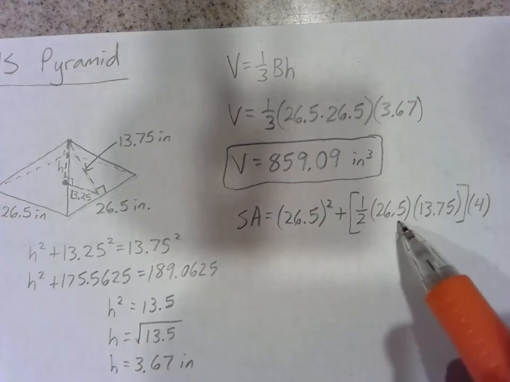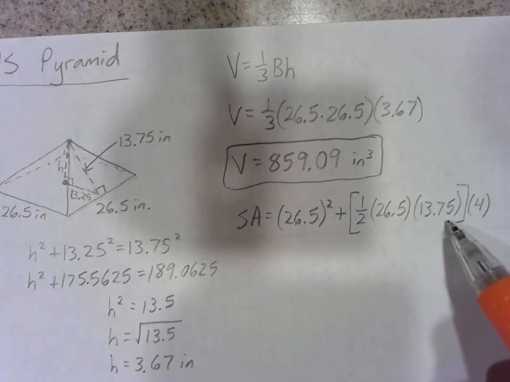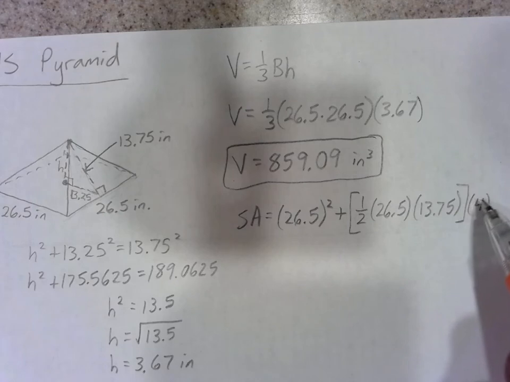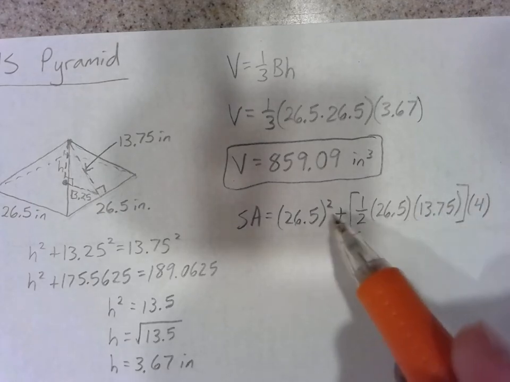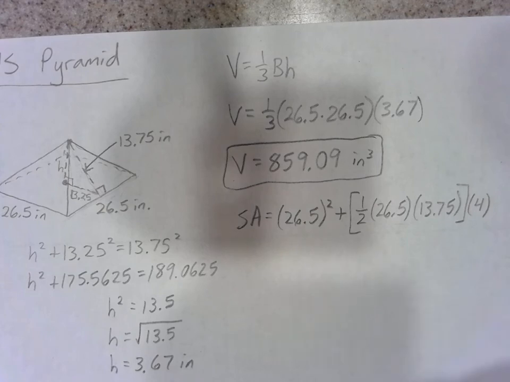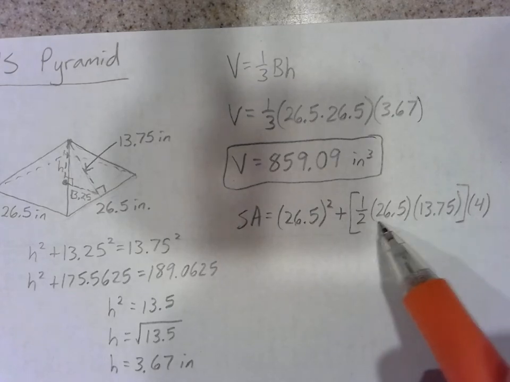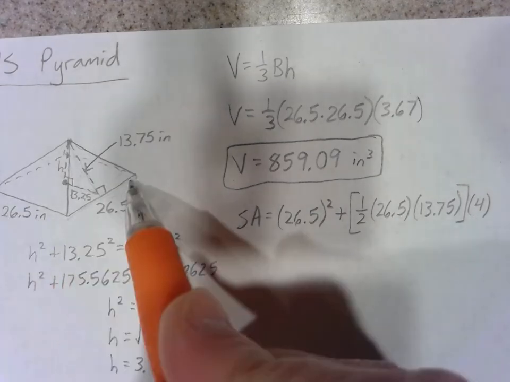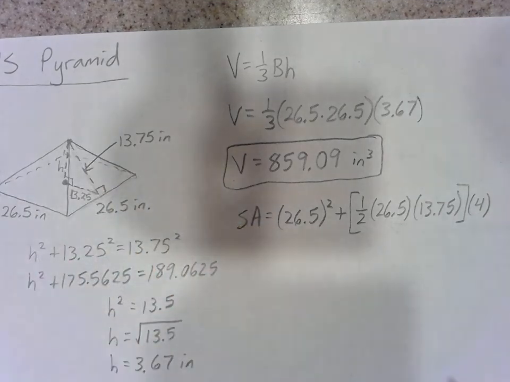They have a base of 26.5 and a height of 13.75. And so the area of all four of those triangles plus the square at the bottom gives me the surface area. So, because it's a regular base, notice that 4 times 26.5 will give me the perimeter of the base, which is where you'll see occasional formulas using.